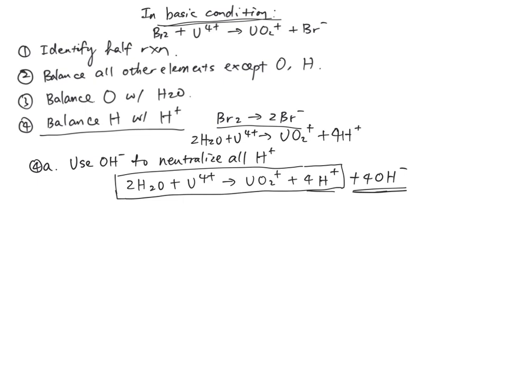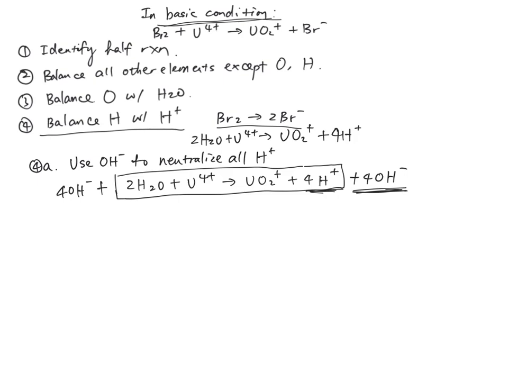Now, you added 4 hydroxide to neutralize all your hydrogen. How do we maintain an equation to still be equal if you add something to one side? Well, add that same thing to the other side. So the same amount of hydroxide ion is going to be added onto both sides.